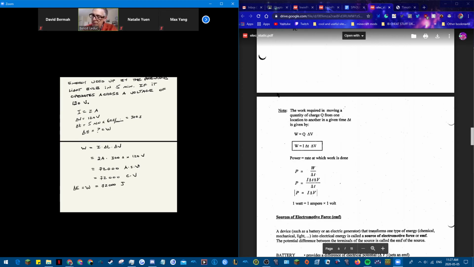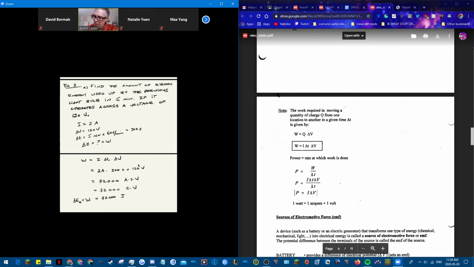So this is how much electrical energy is being used up by the light bulb. The light bulb will lose this electrical potential energy and convert it into light energy and thermal energy. So this is that much.